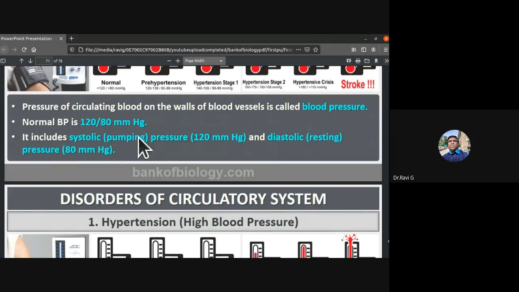It includes systolic pressure, the pumping pressure, which is around 120 millimeters of mercury, and diastolic pressure, the resting or relaxing pressure, which is 80 millimeters of mercury.